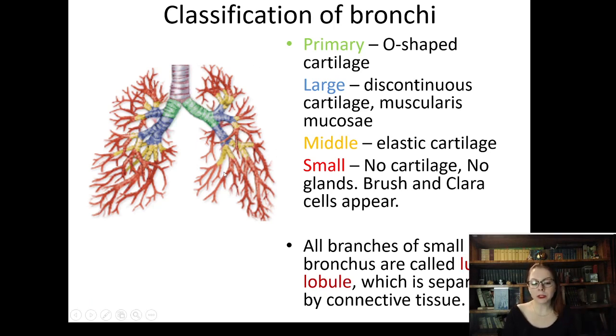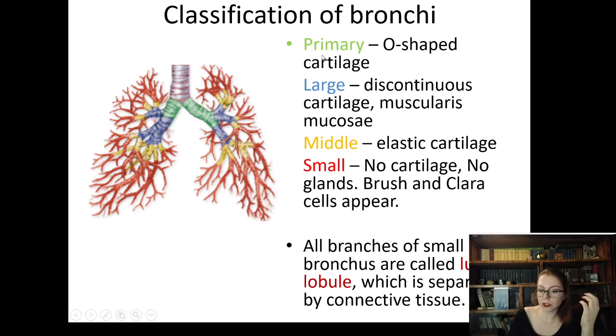After that, middle diameter bronchi, the feature is that hyaline cartilage is replaced with elastic cartilage, and small islets of cartilage are present in the fibrocartilage envelope. Then small bronchi have no cartilage, they have no glands in the submucosa, and they start to acquire brush cells and Clara cells.